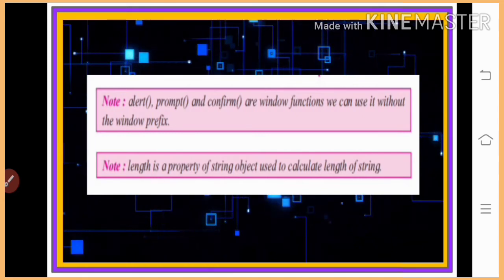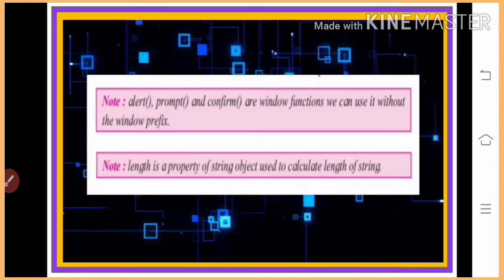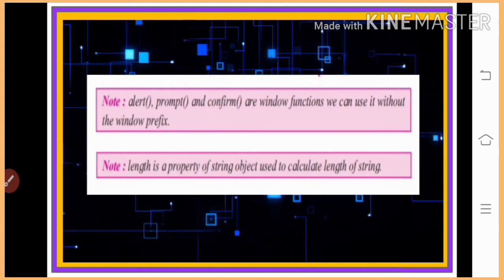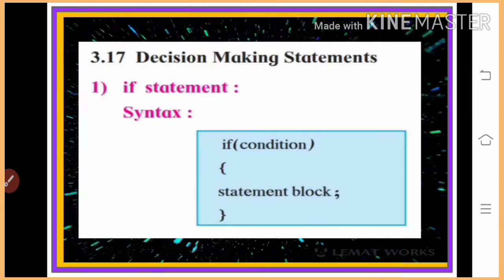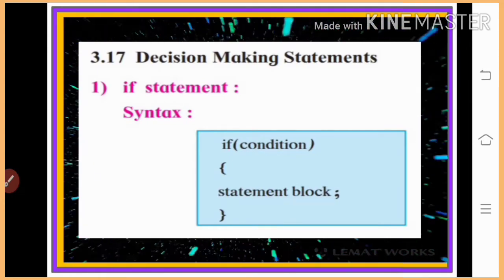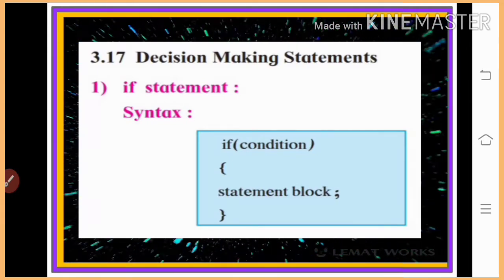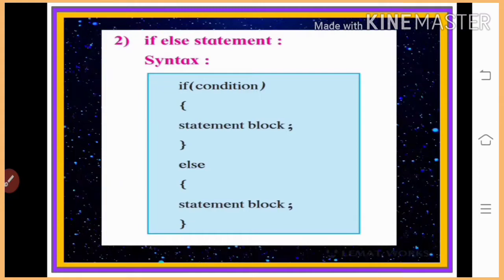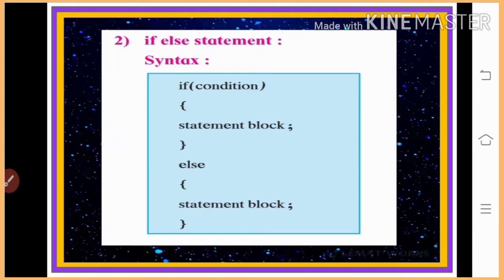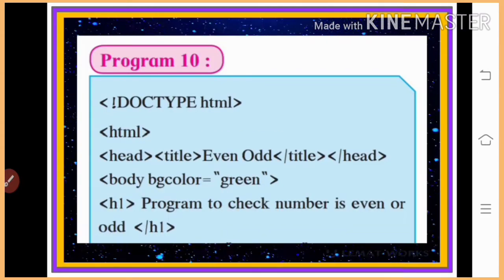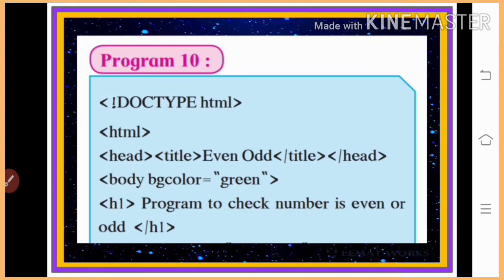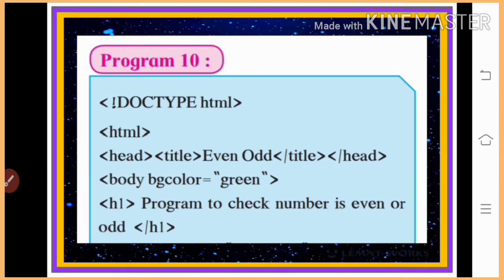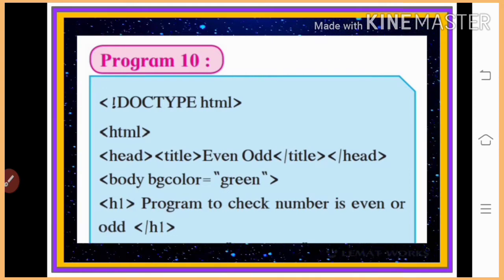Alert, prompt and confirm are window functions. We can use them without the window prefix. Also, we have discussed the decision making statements, if statement and if else statement. Also, we have seen one example of the if else statement to check an even number or odd number.